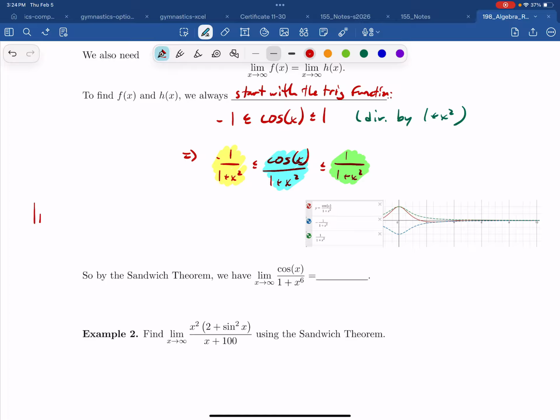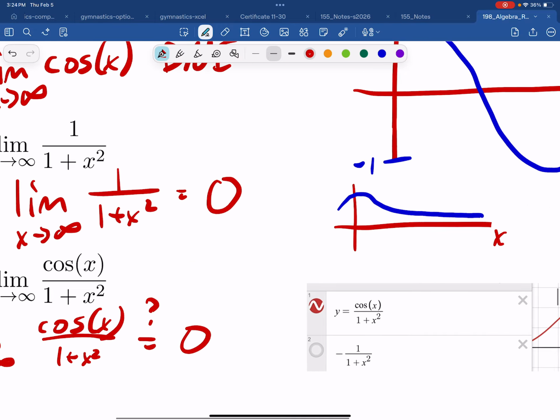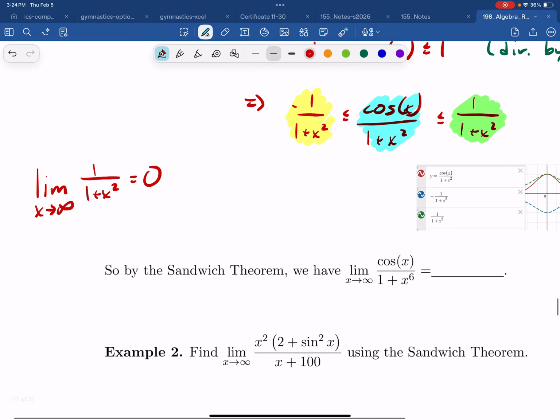Well, we already did show that the limit as x approaches infinity of 1 over 1 plus x squared equals 0. We already showed that. Right? We already showed it. Yay. Okay. So we know that that's true, but if you think about it, the same is true for that first guy.